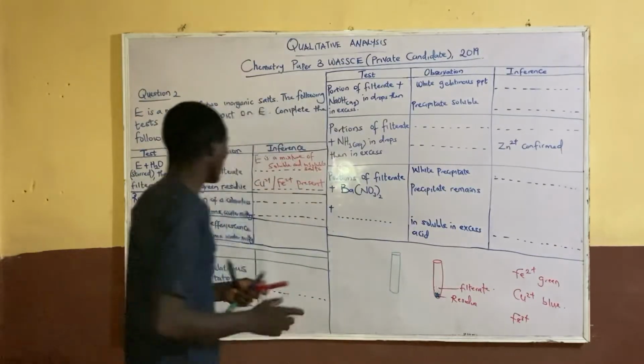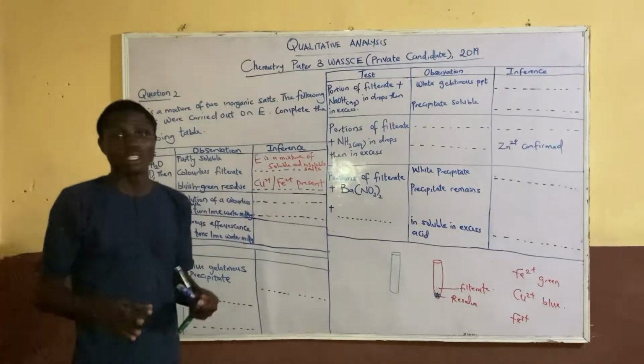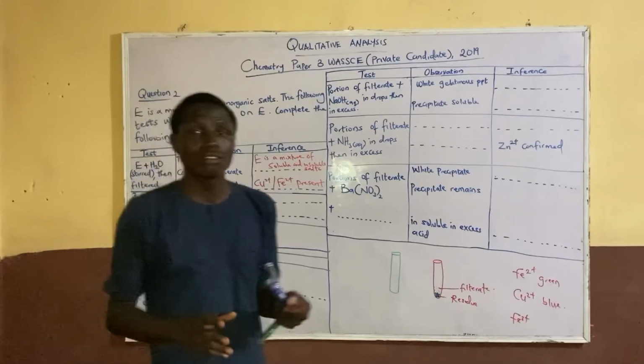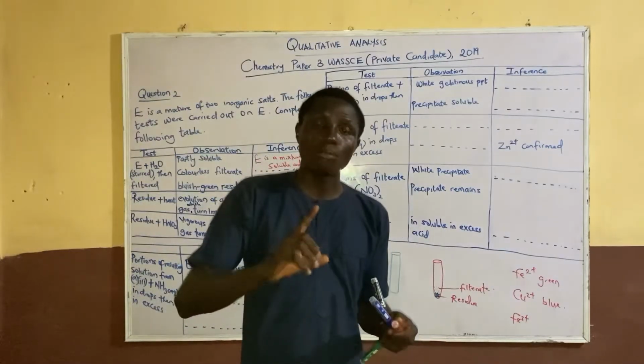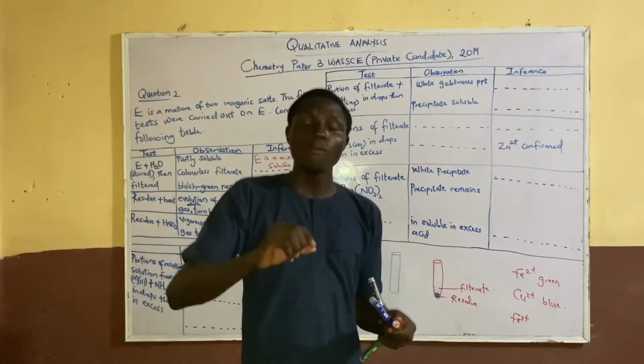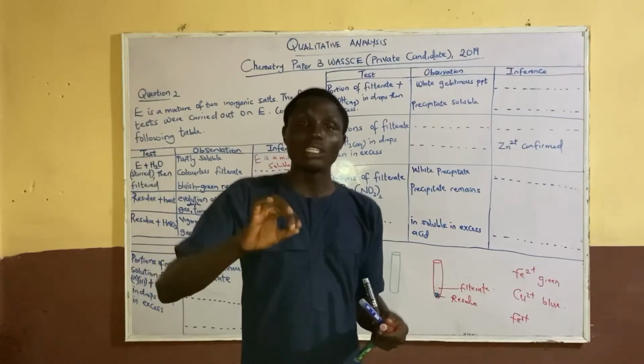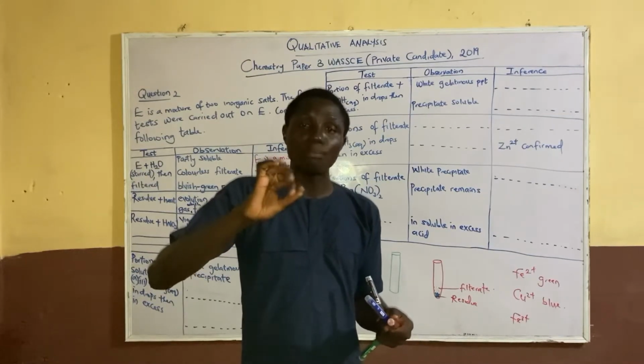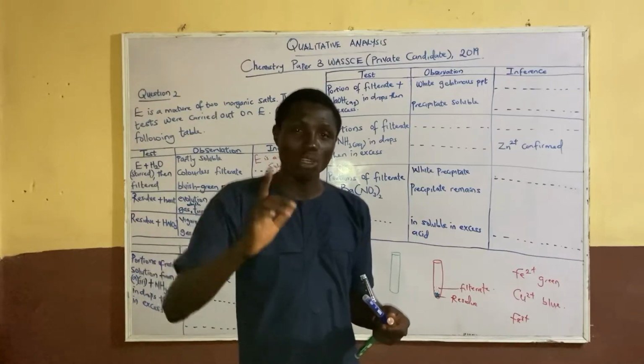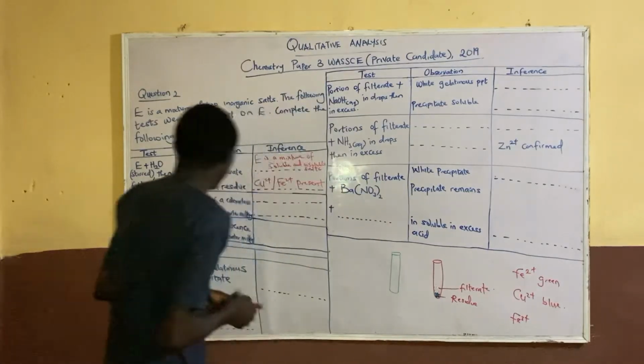CO2, carbon dioxide or carbon 4 oxide, has the ability to turn lime water milky. So what am I trying to say?